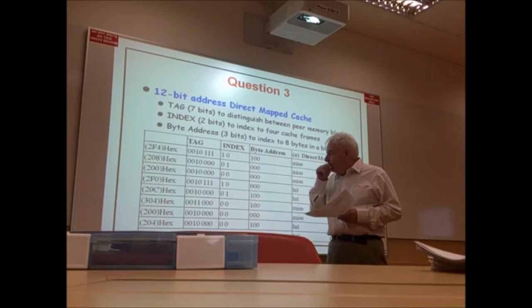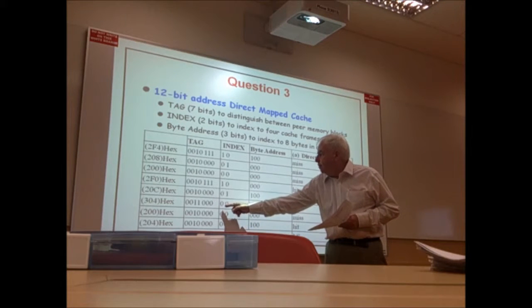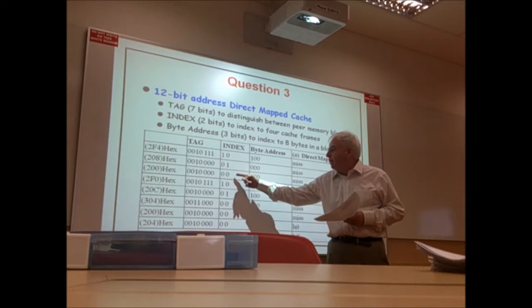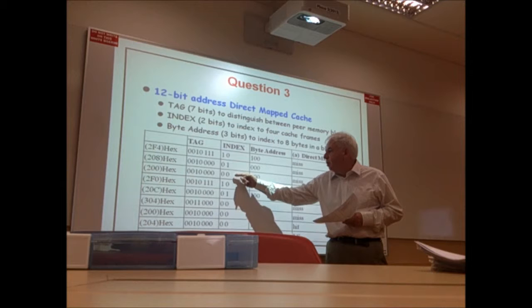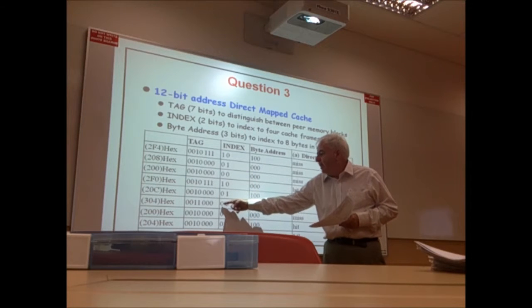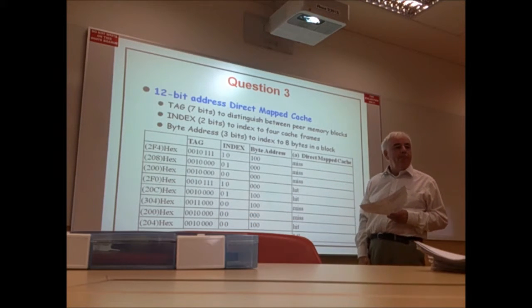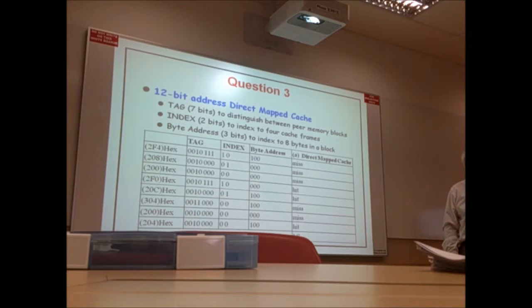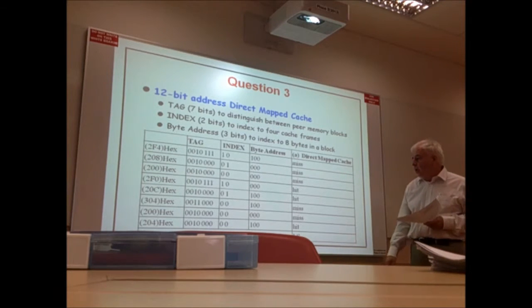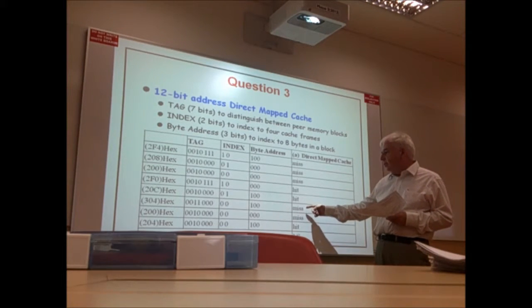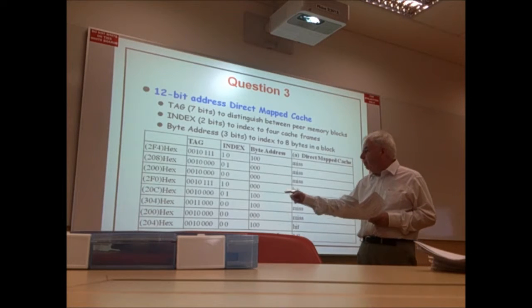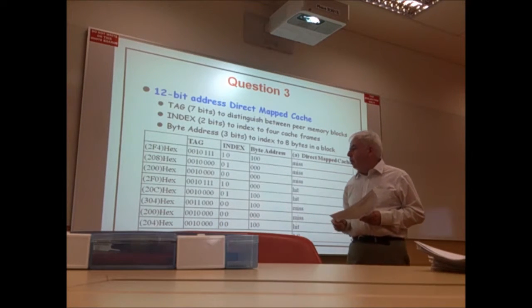304, if you look at the index bits, should be mapped onto cache frame 0. We already have something in cache frame 0, so we have to replace 200 hex. We have to replace this cache block by this cache block. These two blocks are mapped onto the same frame. This will be a miss, and we will have to replace 200.